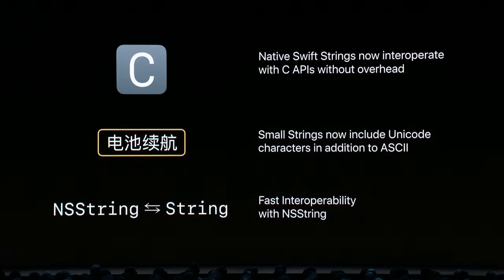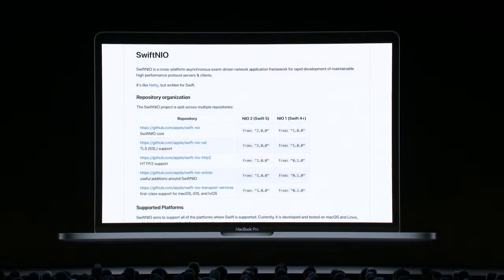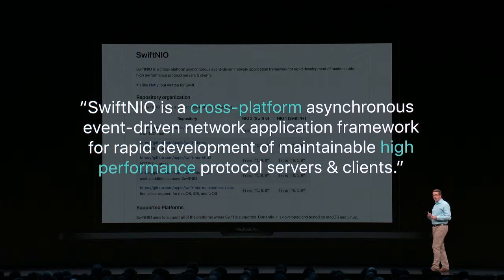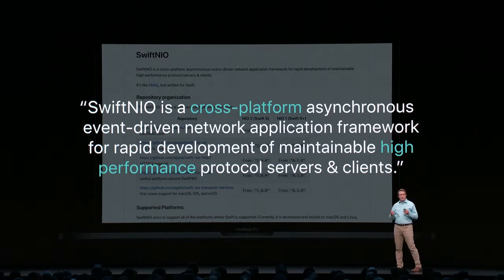But the really exciting thing here is this is really all about performance. I've said it several times. A great example that benchmarks this is SwiftNIO. For those of you who are not familiar with it, SwiftNIO comes from the Swift on Server world, and it is a cross-platform framework for building network protocols and services. And it's really been tuned for speed.